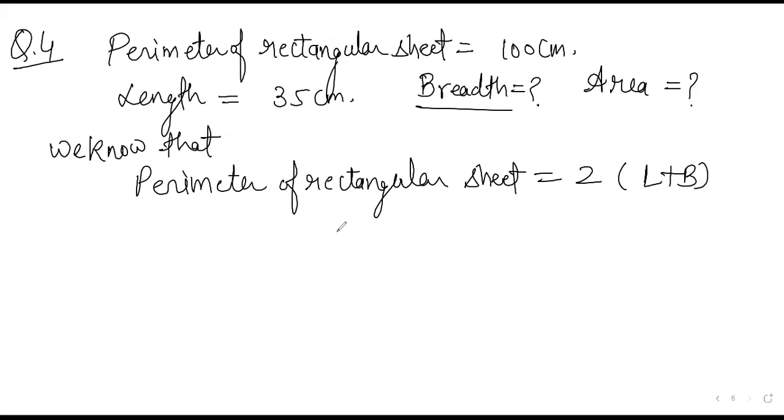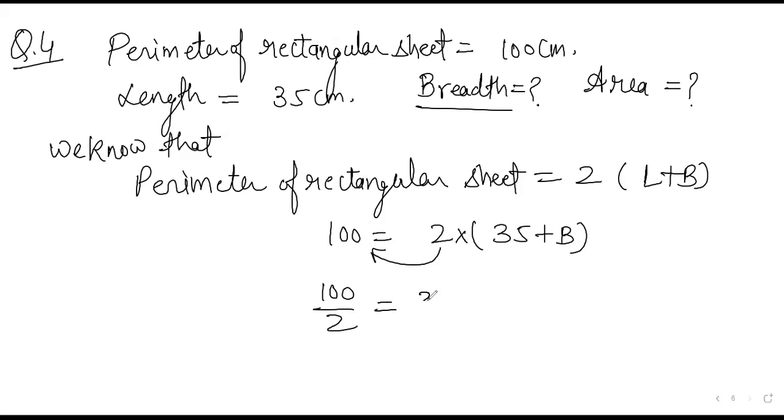This is given as 100, and this is 2 into (L plus B), meaning 35 plus B. Now 2 is in multiplication here, so it will go to the other side as division. So 100 upon 2 is equal to 35 plus B.